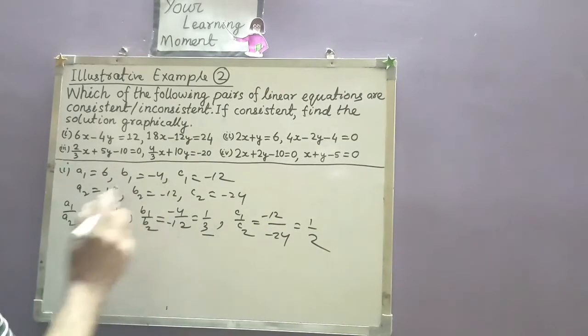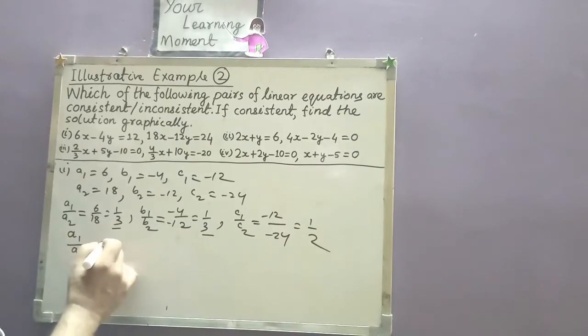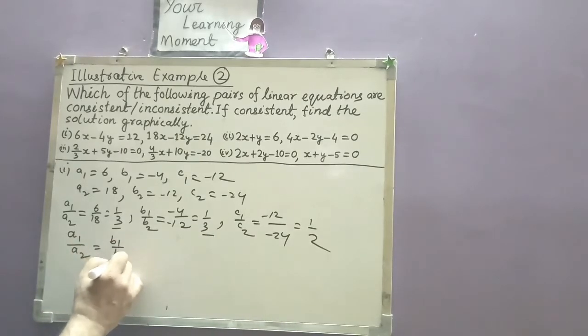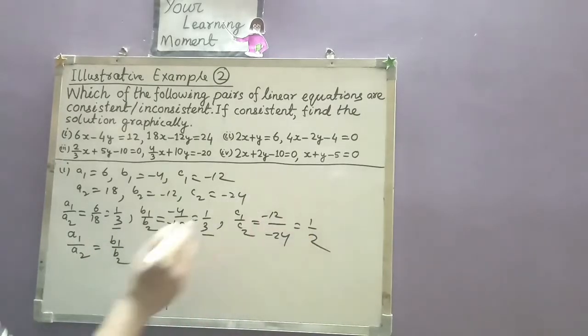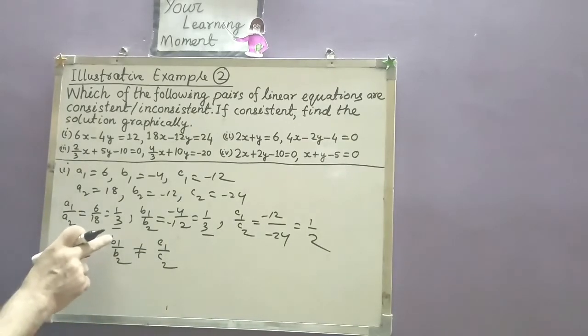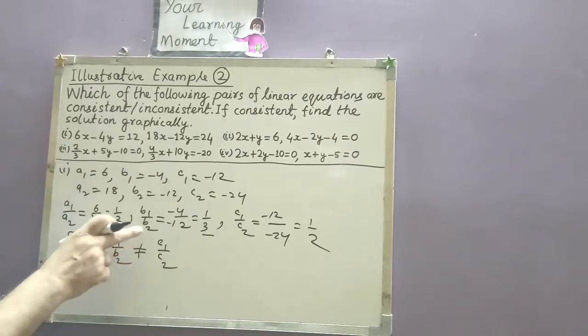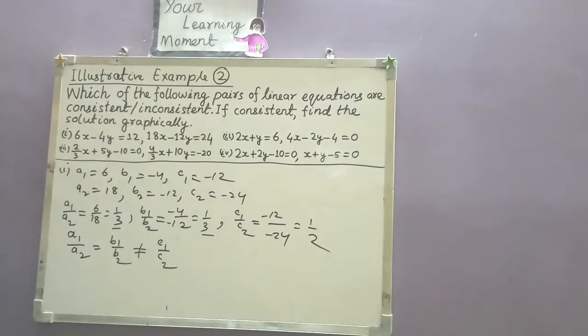So these two values equal, means a1 by a2 equal to b1 by b2, but this not equal to c1 by c2. So since a1 by a2 equal to b1 by b2, not equal to c1 by c2, this pair of equations is inconsistent, means they have no solution.